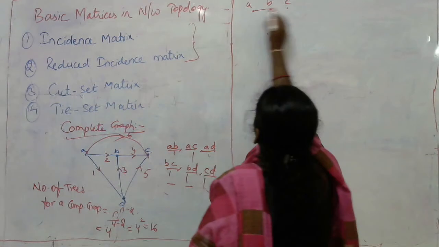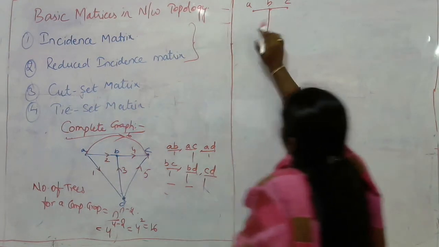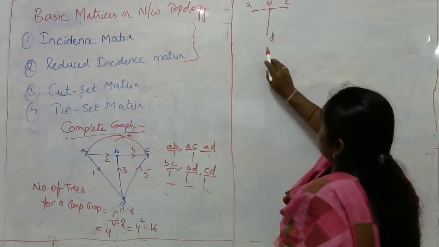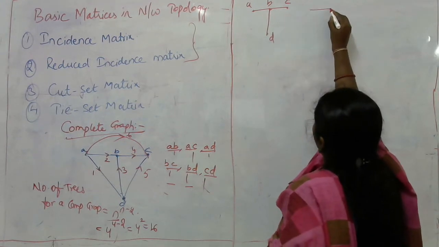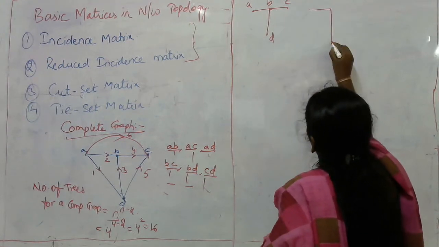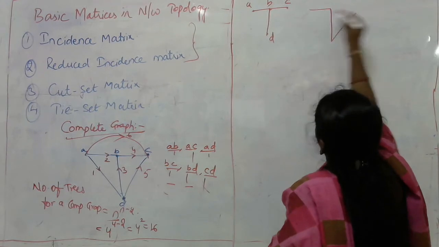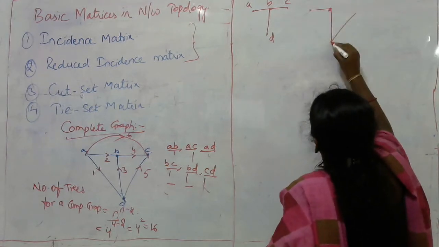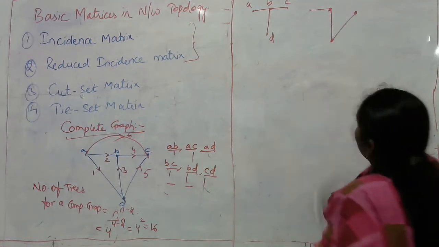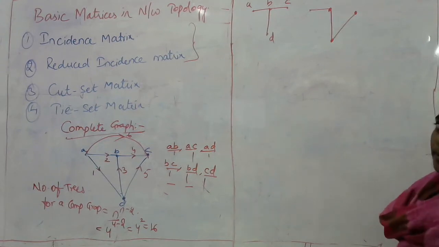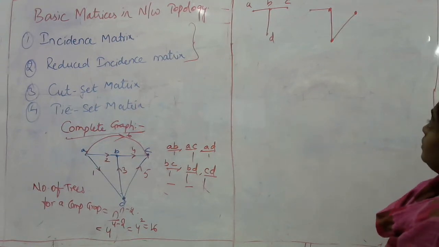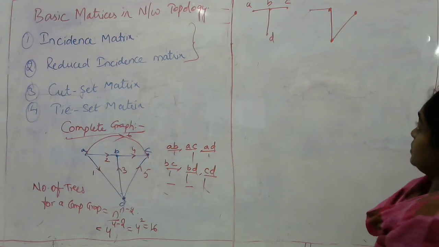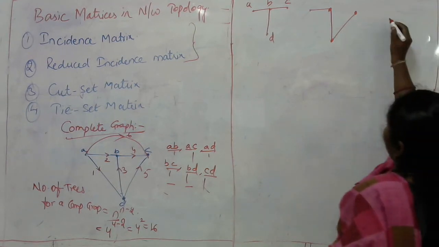So I can make this one tree, A, B and C. Similarly, I can draw A to B, B to D, D to C. I am covering all the nodes, but it should not form any closed loop, and the number of branches in a tree should be less than the number of branches in a graph.